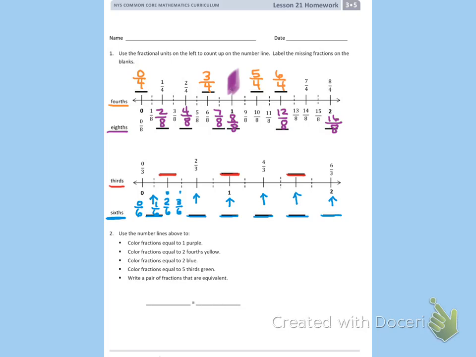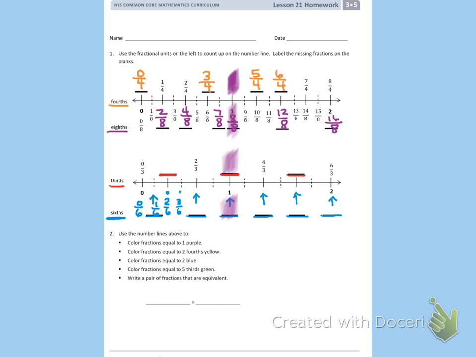And I also know that there are others that equal 1 whole. For instance, I know that 8/8 equals 1 whole, so I'll color that purple. And I know that the fraction here is 1 whole, so I'll color that purple. And so is the one right here, so I'll color that purple.